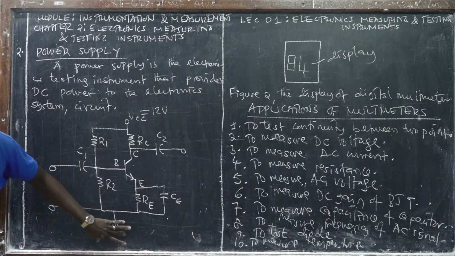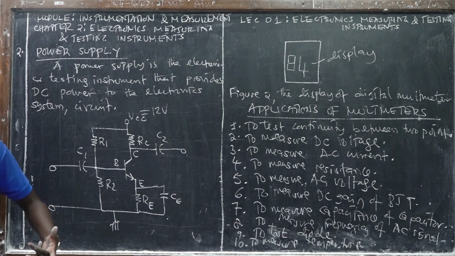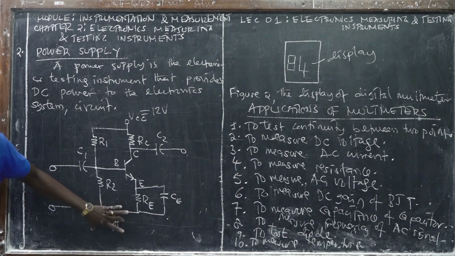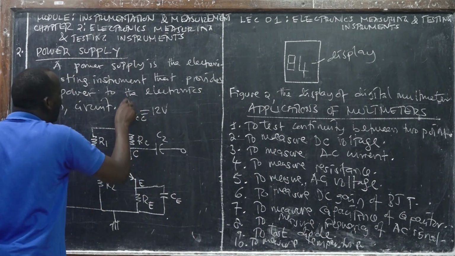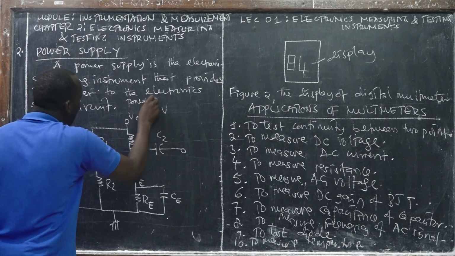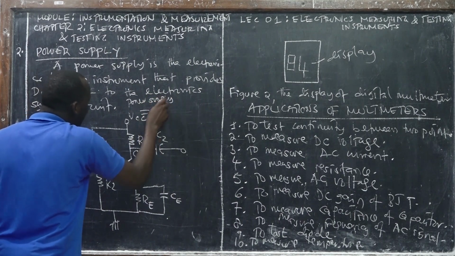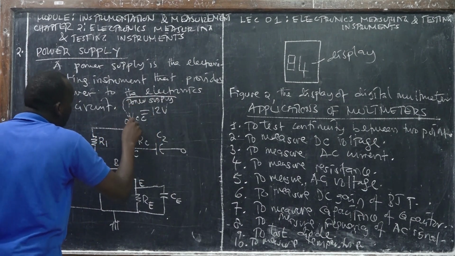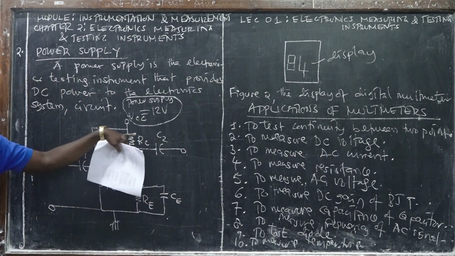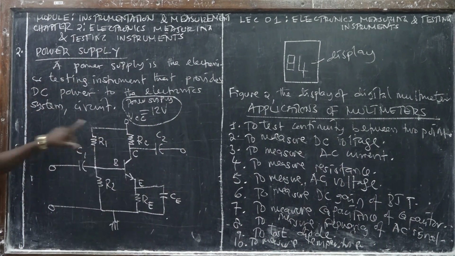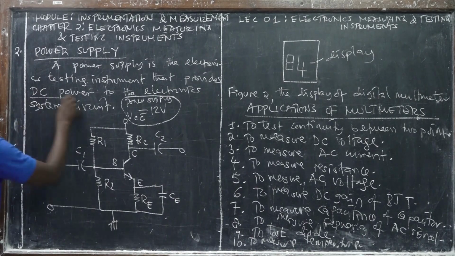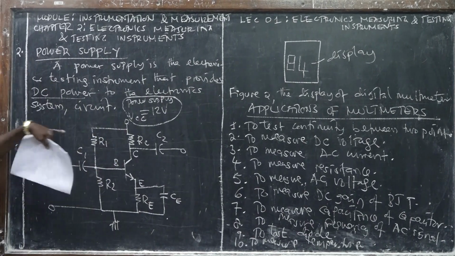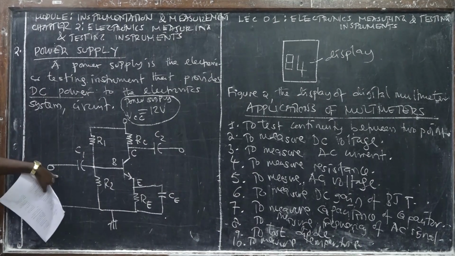It's not like the earth in electrical engineering. In electronics, it's called the common ground. So this VCC is the point where we use the power supply. We get this 12 volts or n amount of voltage from the power supply, and that's the use of the power supply: to provide DC power to the electronic circuit.